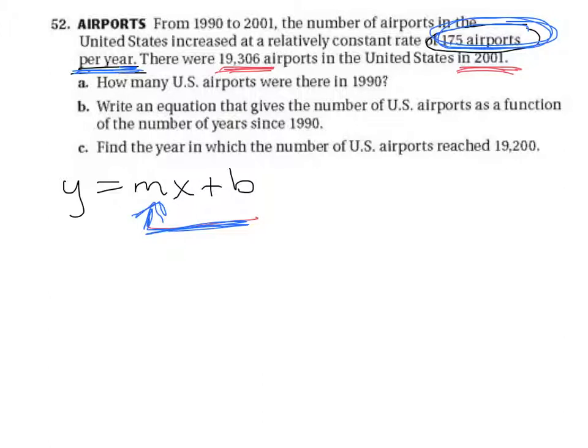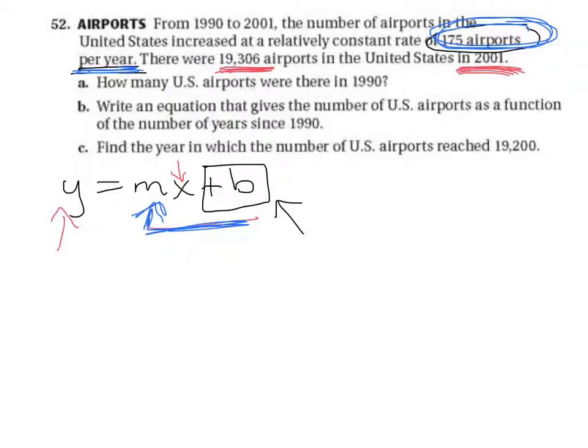And I think the number of airports depends on the year that it is. The number of airports depends on the number of years. So maybe we can find an initial truth about our function here. And that initial truth has to do with the number of airports in 1990. All I know is about 2001.